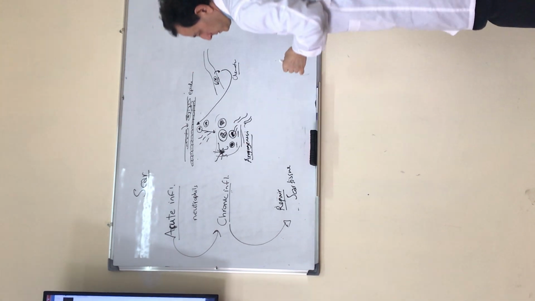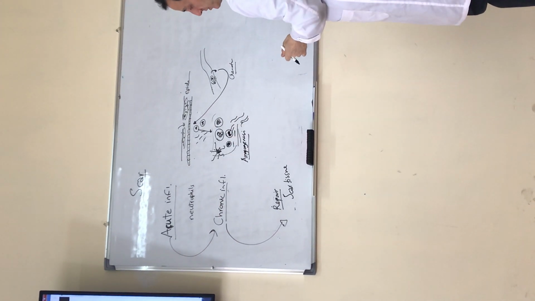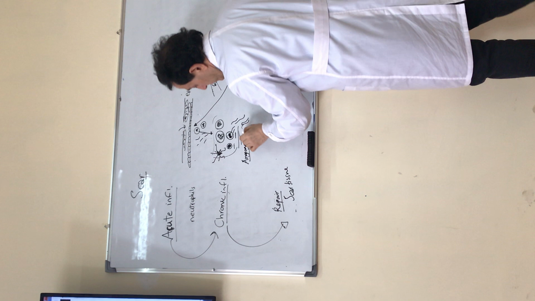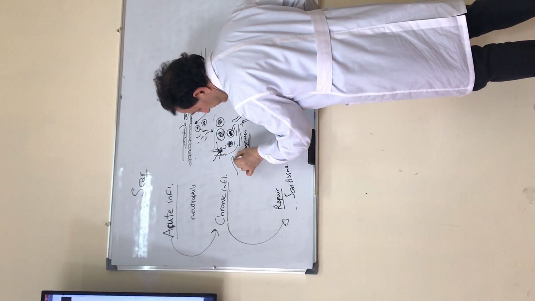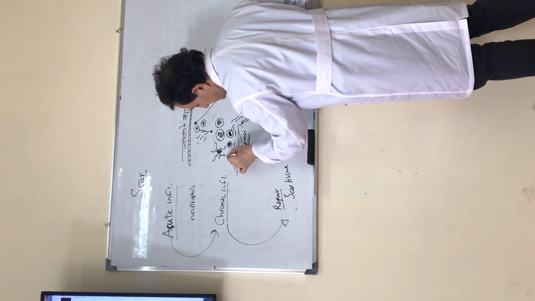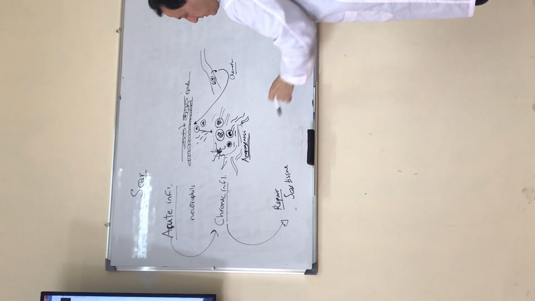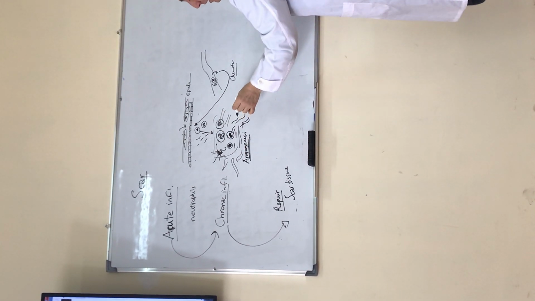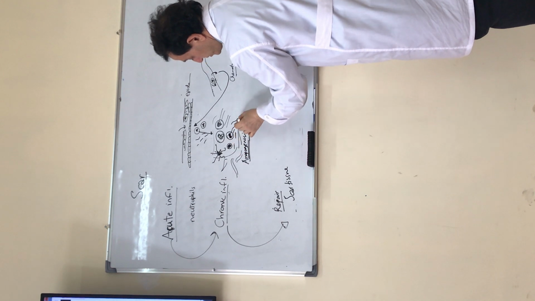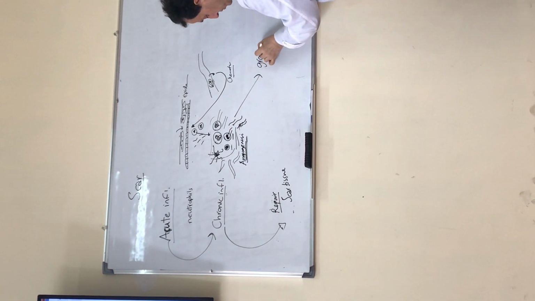So, in addition to accumulation of chronic inflammatory cells, angiogenesis means development of new vessels. So new vessels are formed in this tissue. And this tissue that contains both chronic inflammatory cells and new vessels is called granulation tissue.